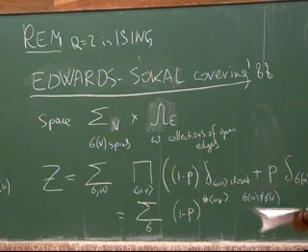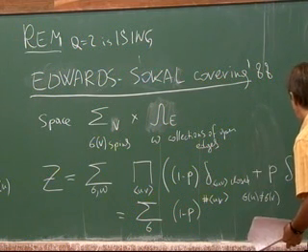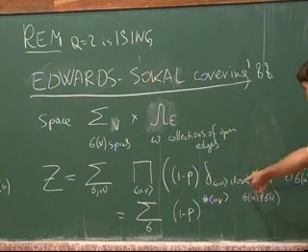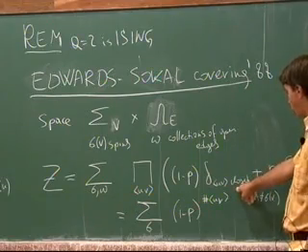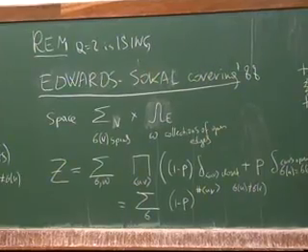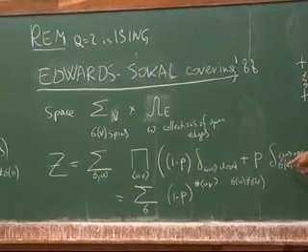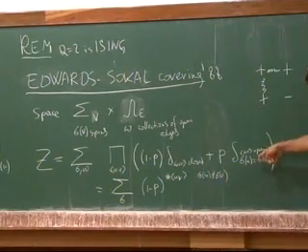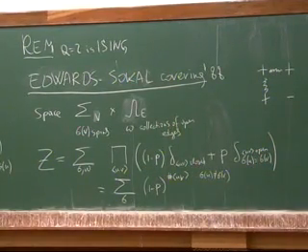Yes, so it's uv open, that's the correct one. So if the edge is closed, then the weight is always 1 minus p. If the edge is open, then the weight is 0 if spins are different, and the weight is p if spins are the same.